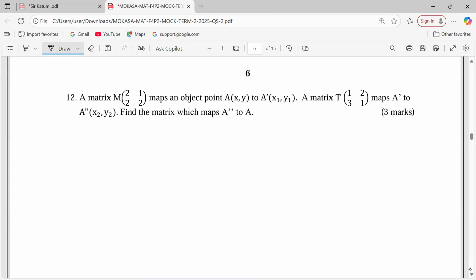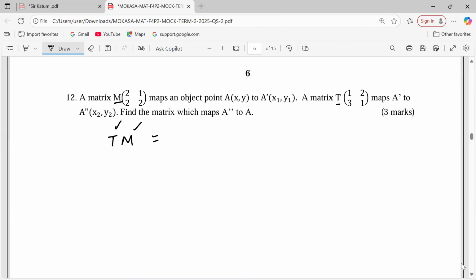There is a matrix here, which is mapping A to A prime, and another one mapping A prime to A double prime. That means the matrices are M and T. So the first one is M and the second one is T. You should know that when matrices are listed in this order, it means M was performed first, followed by T. So we can get a single matrix that would represent the successive transformation by multiplying the matrices in the order in which they were performed.